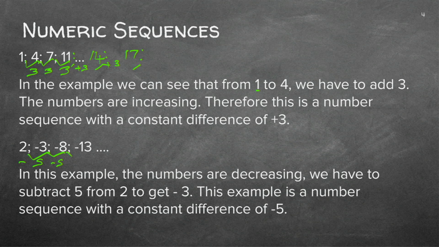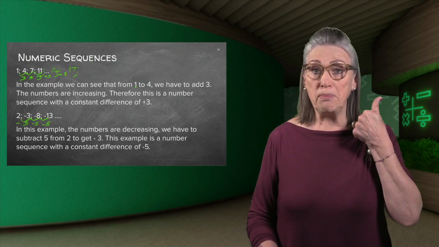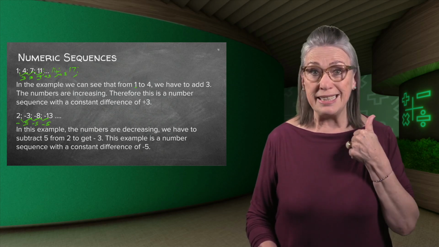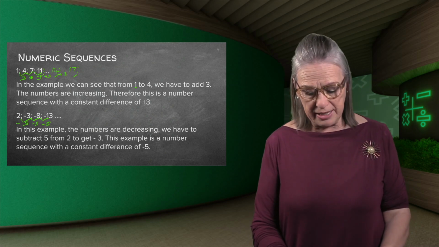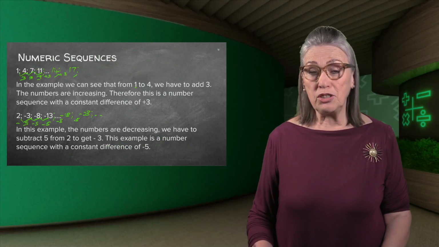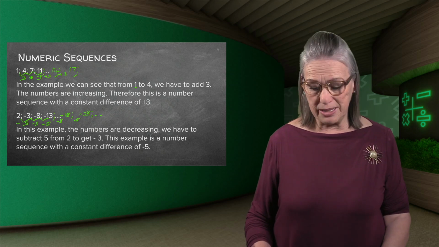And from -8 to -13, we also subtract 5. So now we know we've got a numeric sequence because it's based on a constant difference. And it's easy for us then. So -13 minus 5 will give us -18, semicolon, minus 5 will give us -23, and so on. Okay, so these are two examples of numeric sequences.